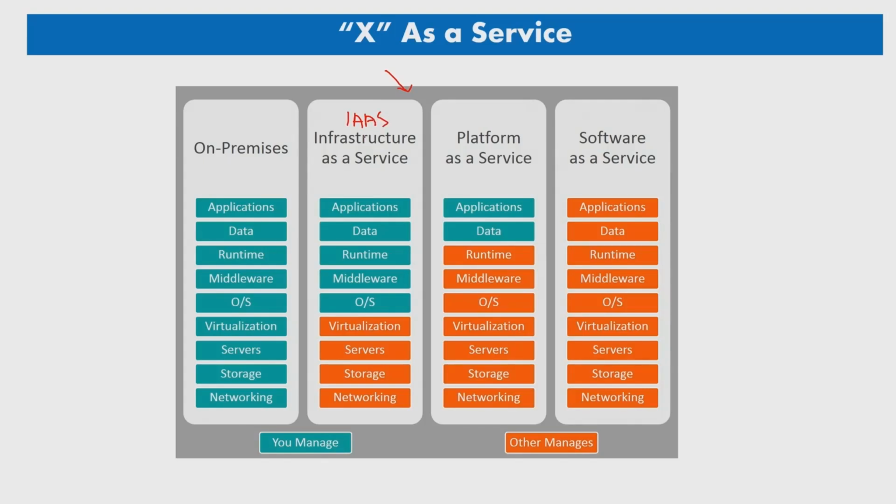IaaS is a cloud solution in which you rent the infrastructure itself. You buy virtual power to run your software when it's needed. This is similar to running a virtual server on your own hardware, except you're using a virtual disk instead of a physical disk. Because you only pay for what you use, this model is similar to that of a utility company.